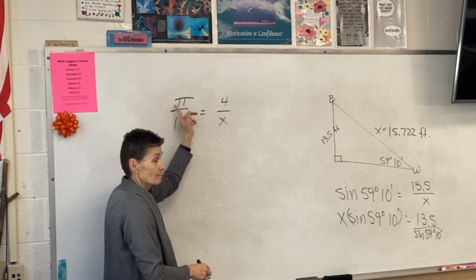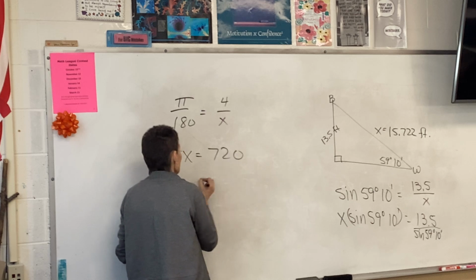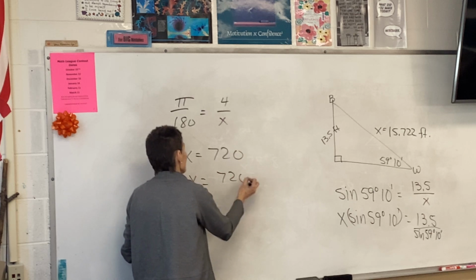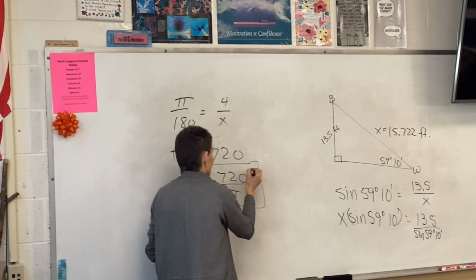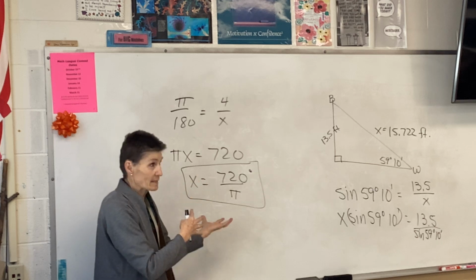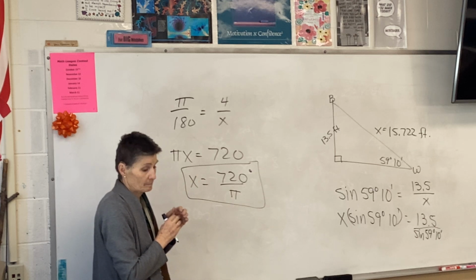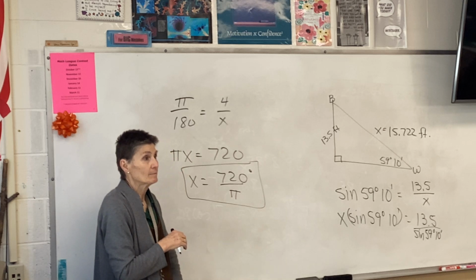So pi x equals 720, and x equals 720 over pi. We don't have a calculator, so that's our answer, right there. Everybody okay with that?